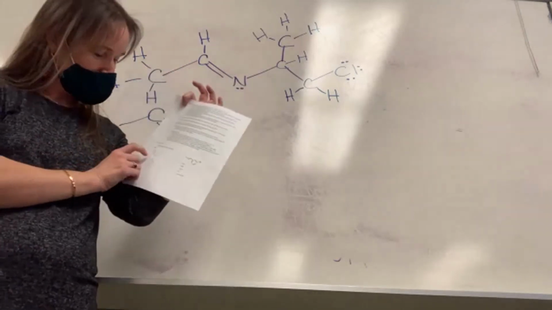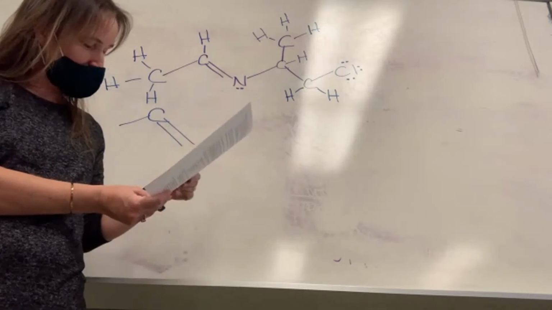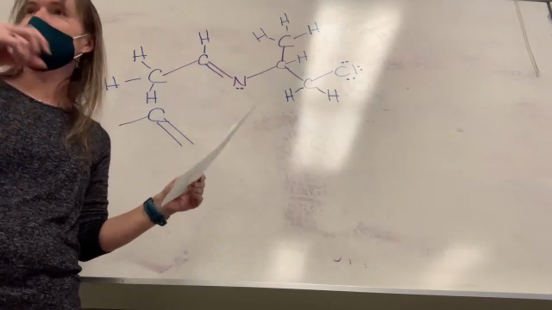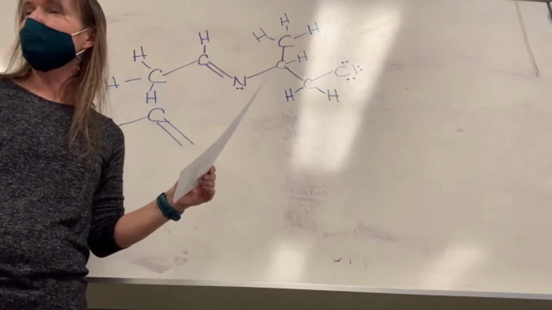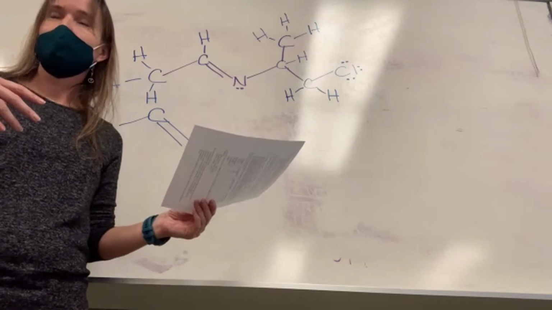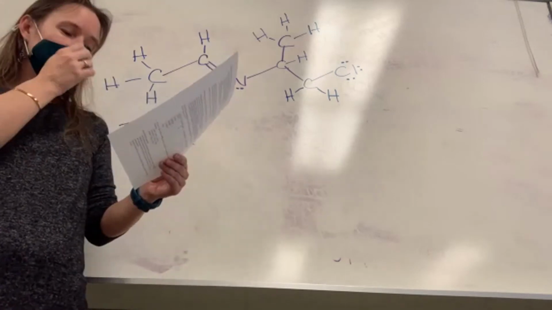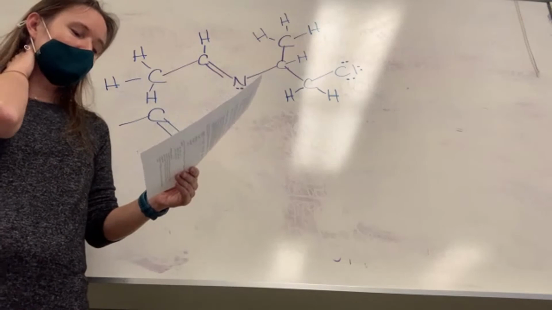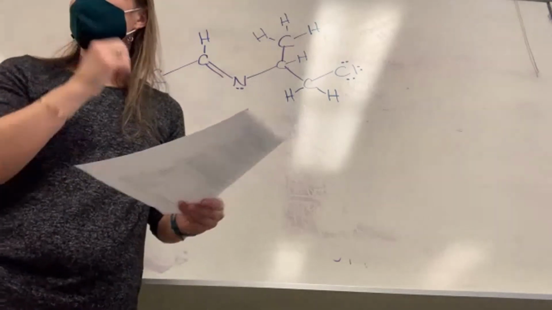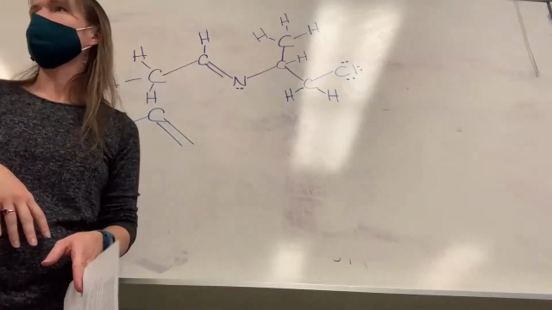So let's just take a look at the first one. You see there's a line, and there are 2 lines going to an oxygen, and a single line coming out of the oxygen. You see those? What does every line represent? A bond. Okay. 2 lines represent a double bond. And you'll notice that some of the bonds go to nothing. Okay. What goes in the place of the nothing? A carbon.